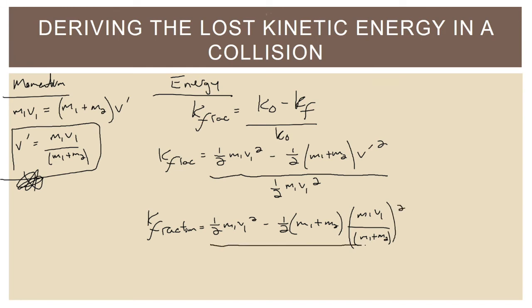Of course, before we even square it, we've got to not forget about the denominator here, which is 1/2 m1 v1 squared. I'm going to go ahead and write the result of the squaring on the next line. So in my fraction of kinetic energy equation, I'm just going to keep around the initial kinetic energy 1/2 m1 v1 squared. Then I had 1/2 times m1 plus m2.